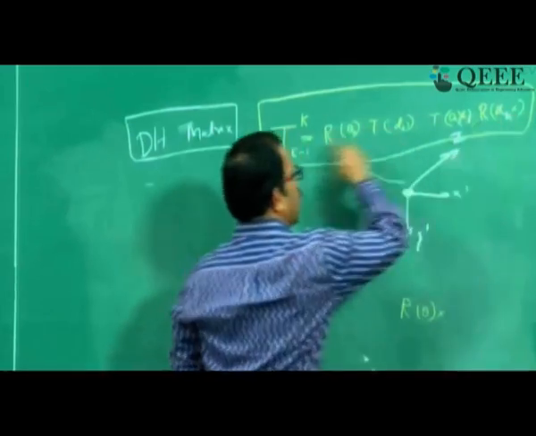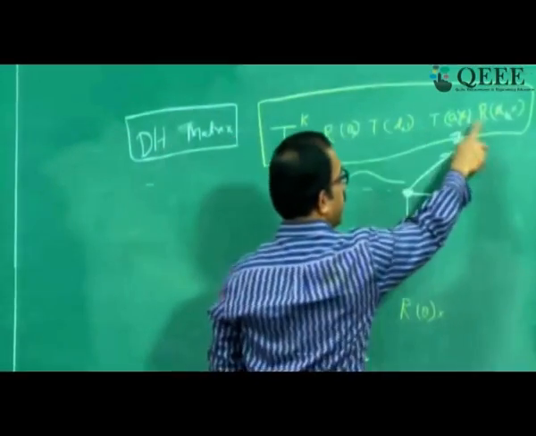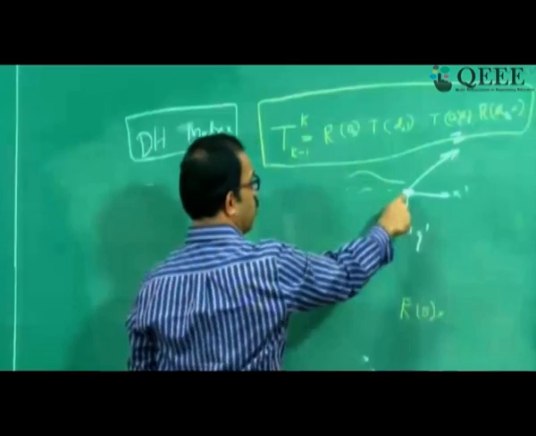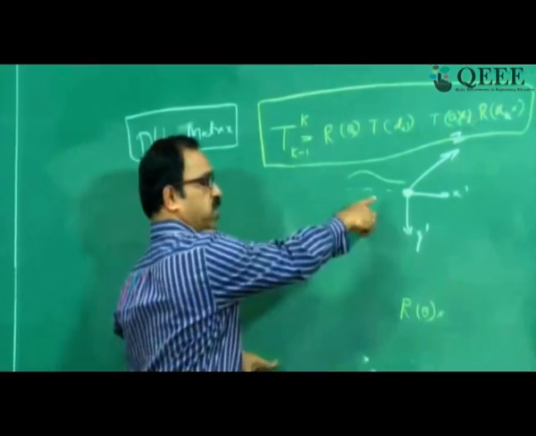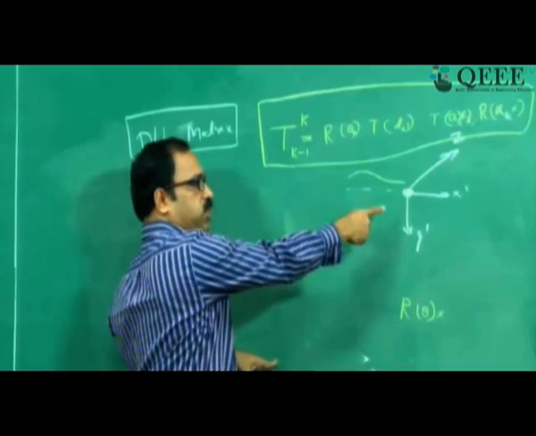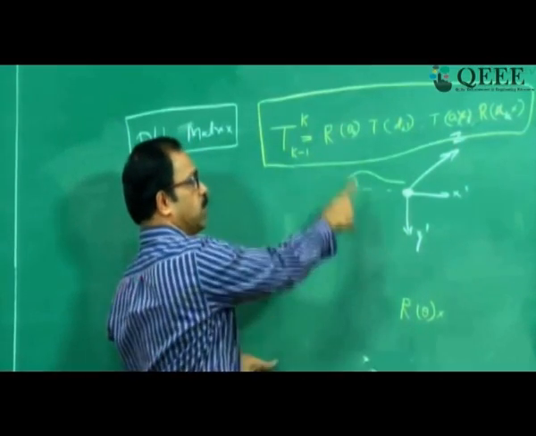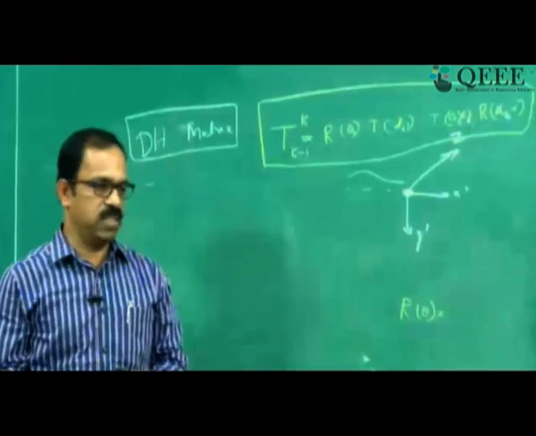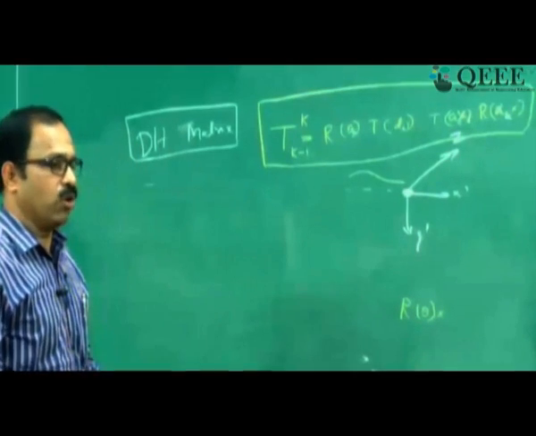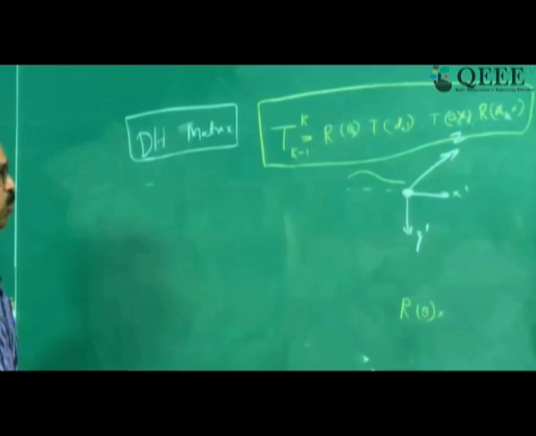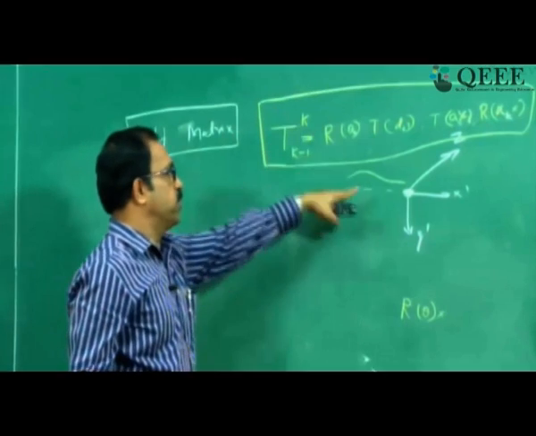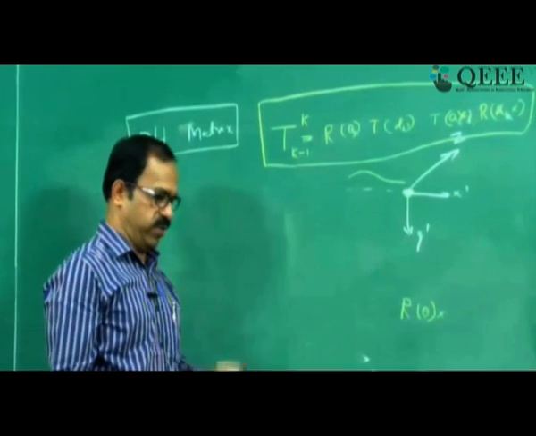So if you know these parameters theta, d, a, and alpha, you will be able to map this frame to the base frame, provided you know what is the rotation, what is the translation, and what is the twist angle. If you know all this, you will be able to get this transformation matrix. That is basically known as the ARM matrix or coordinate transformation matrix in terms of DH parameters. It's a homogeneous 4 by 4 matrix which maps the kth coordinate frame to the k minus 1 coordinate frame.